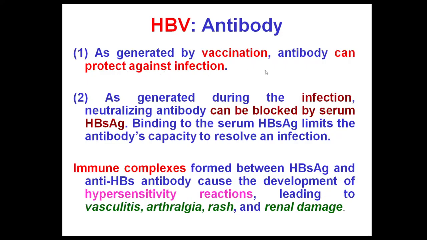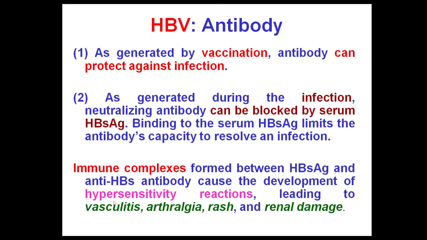Antibodies generated by vaccination are very protective against the infection. They can block the infection because they are neutralizing antibodies. They will prevent the entry of the virus, the binding of the virus to the receptor, so it prevents the infection.